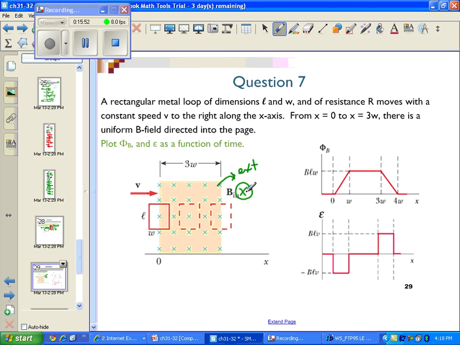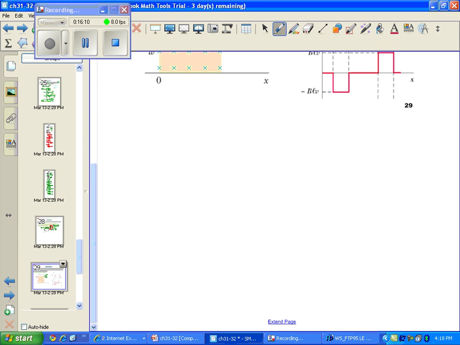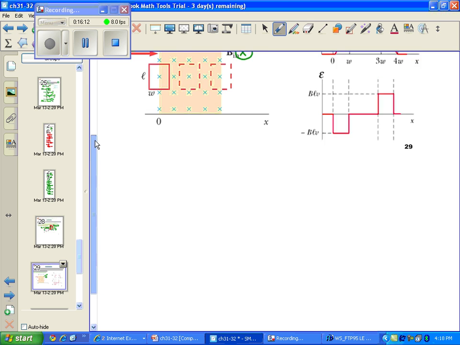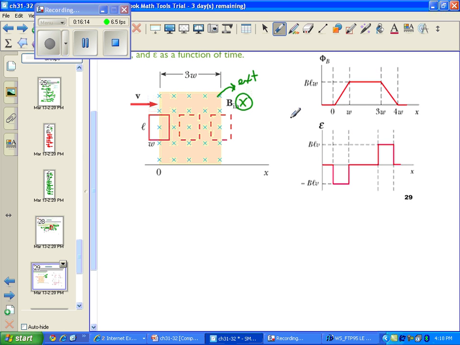Now the loop is moving to the right at a constant speed, and we're asked to determine the graph of flux with distance as well as EMF with distance. So let's see what happens. Well, the graph has been drawn here for us just to simplify the picture.